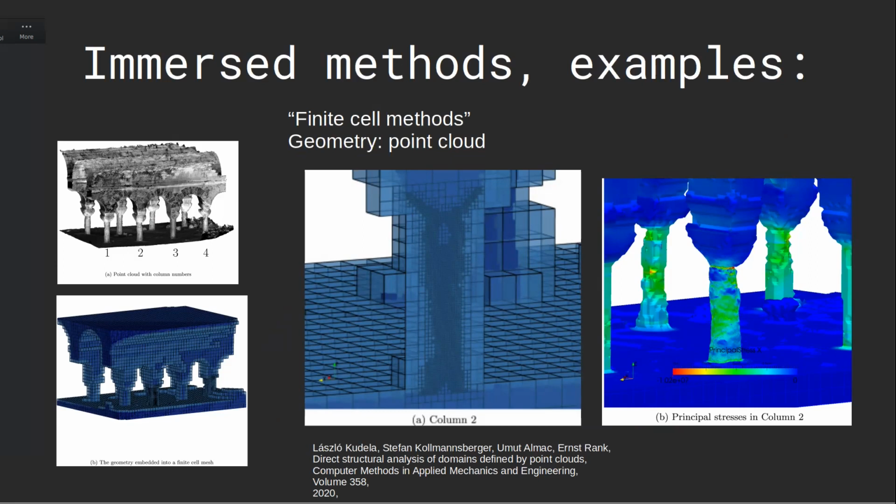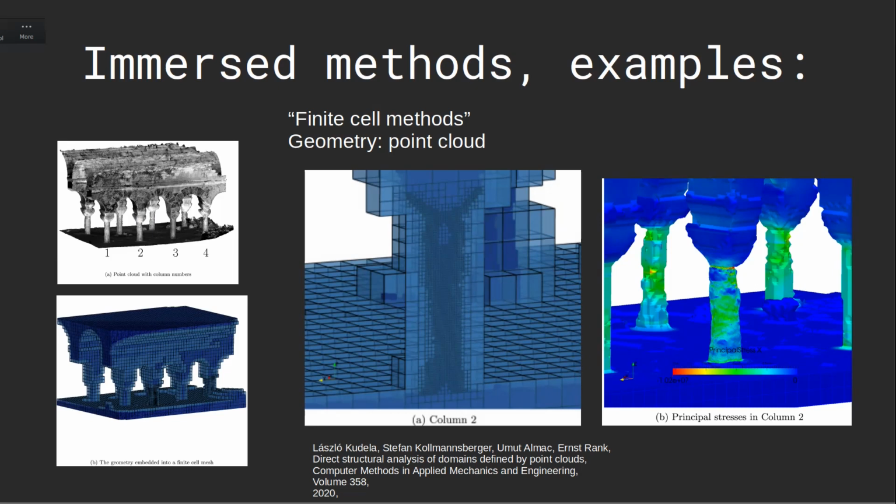In this example, they had an old archaeological dome, which was scanned, so they had it as a point data cloud. This would of course be very difficult to mesh, because it's a pretty uncommon mesh format, a point cloud.